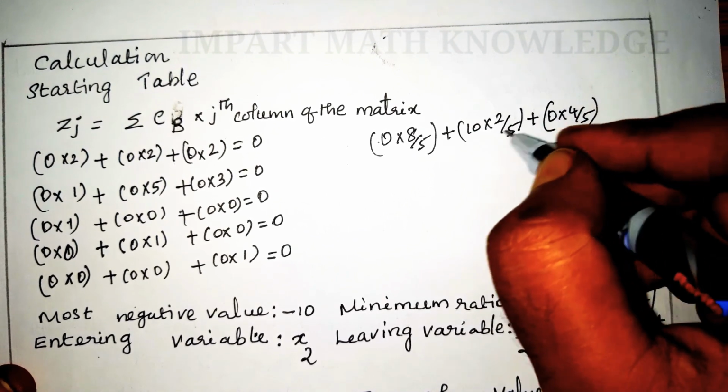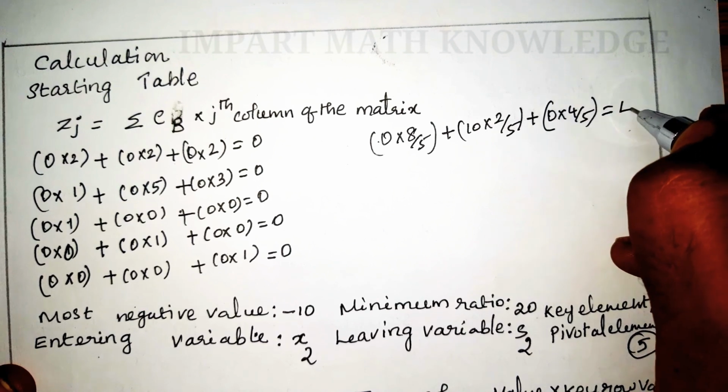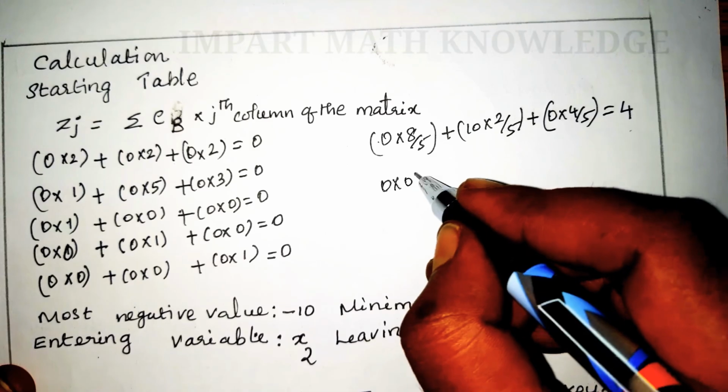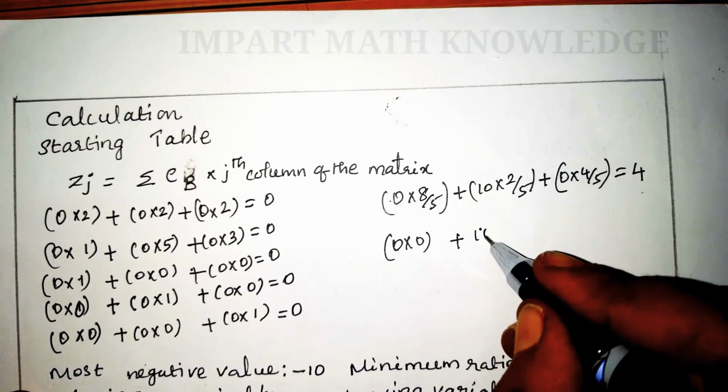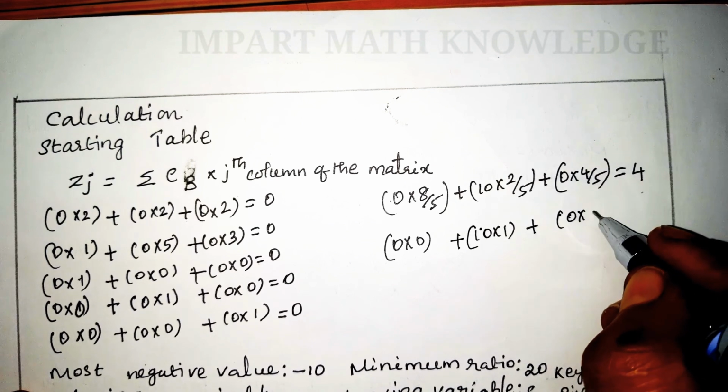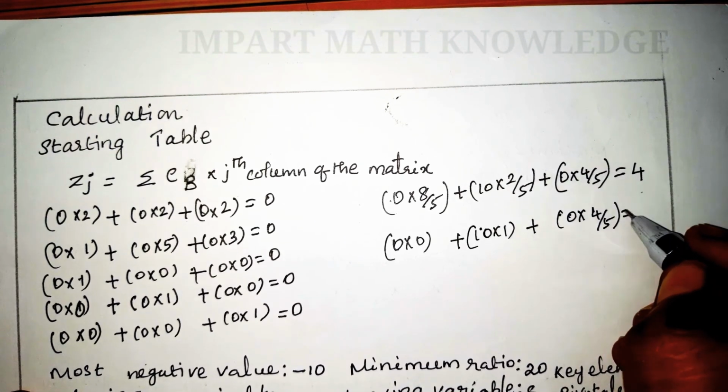So you will get 20 divided by 5, that is 4. The second one is 0 into 0 plus 10 into 1 plus 0 into 4 by 5. So the value was 10.